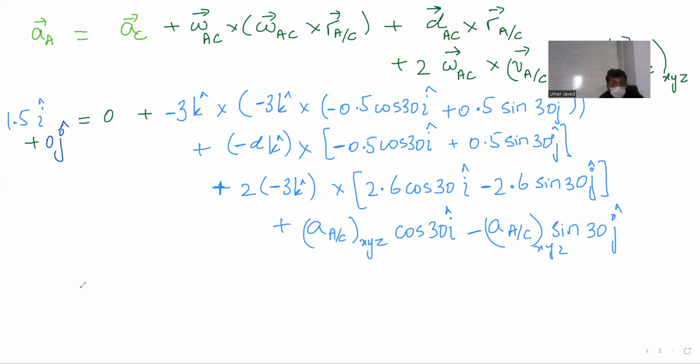Final answers I have. A with respect to C, small XYZ, I get equal to minus 3.201, which is a big hit for us because our intuition is coming out to be wrong. And my alpha comes out to be 32.7.